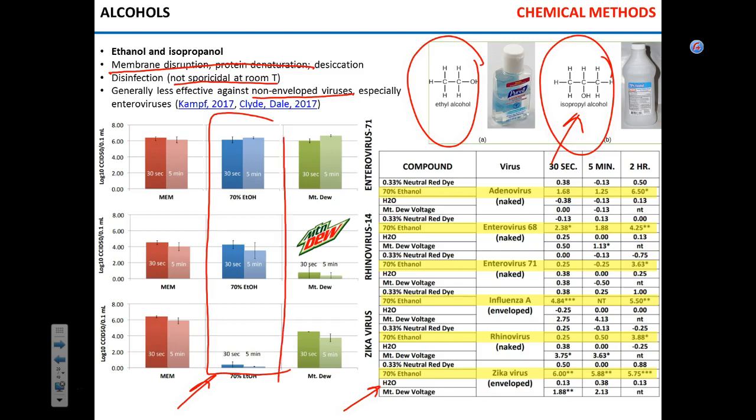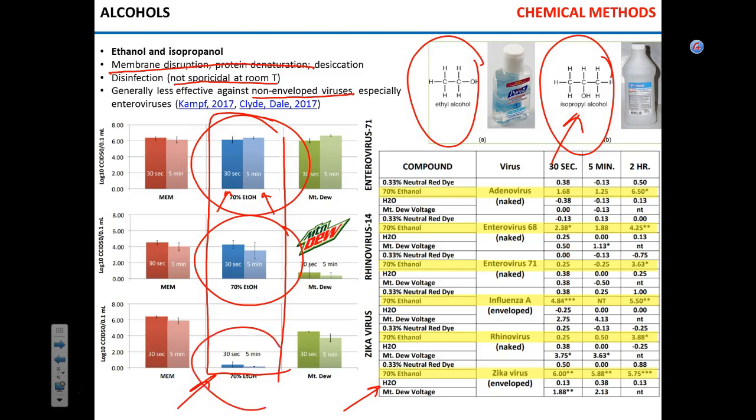So you see the residual amount of 3 different viruses after being exposed to 70% ethanol for 30 seconds and 5 minutes. Okay? So you see that enterovirus 71 and rhinovirus, 2 closely related viruses, are basically minimally affected by exposure to 70% ethanol.